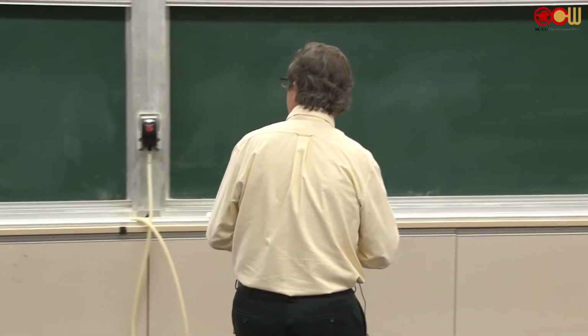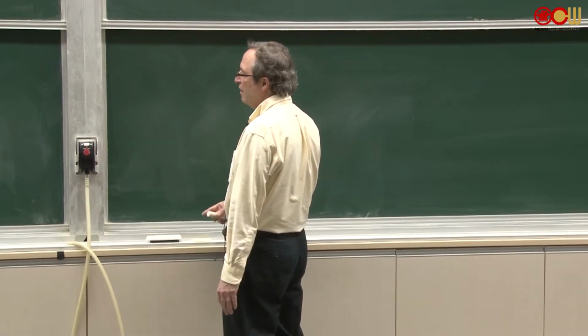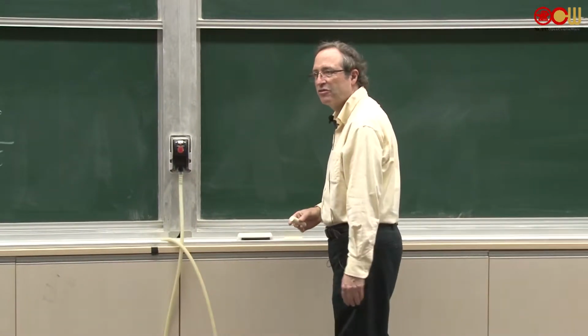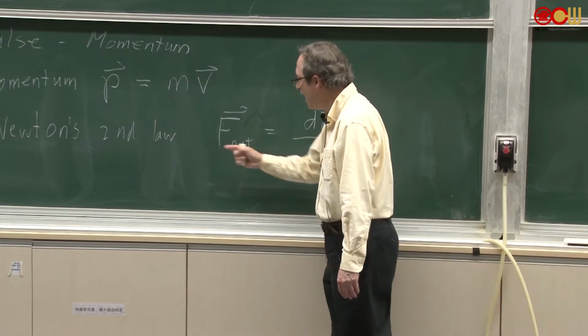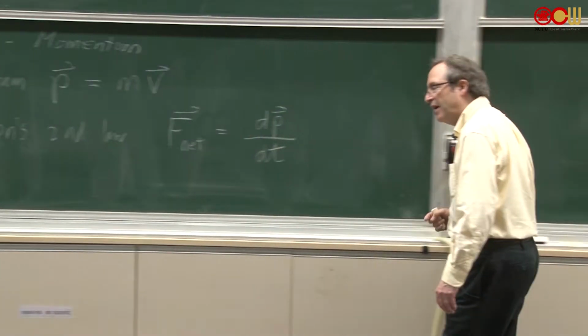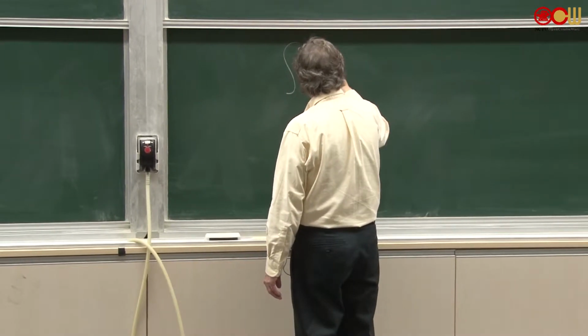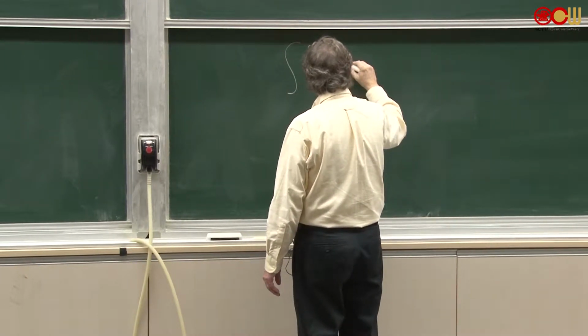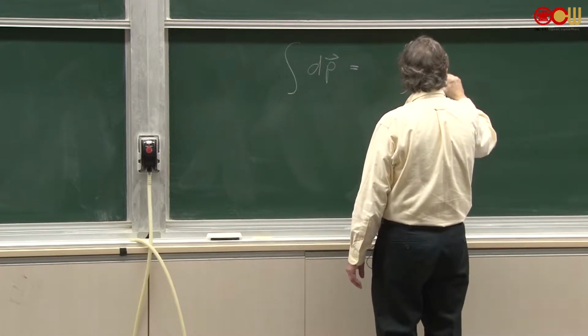So if I integrate that with respect to time, let's write down what that looks like. So first I'm going to multiply by dt on both sides, and then I'm going to integrate. So what I get is the integral dp equals the integral F net dt.